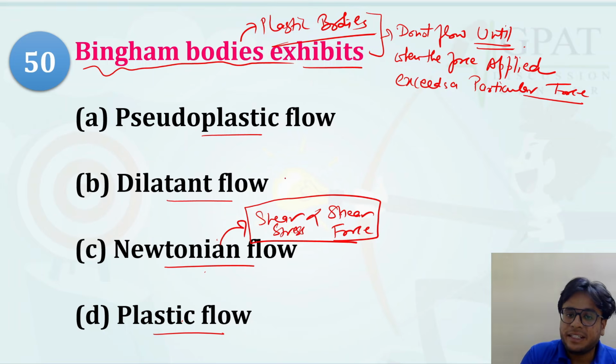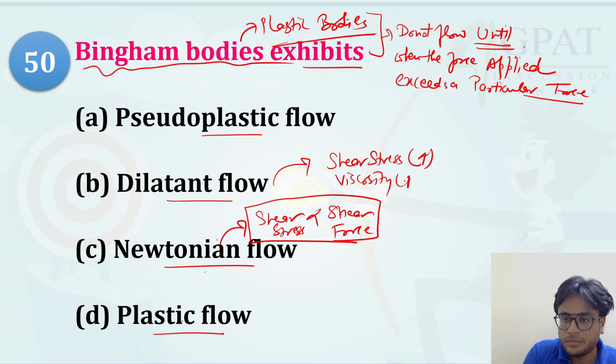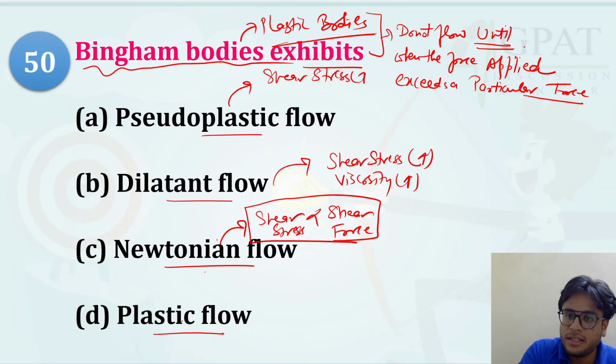But for the dilatant, if the shear stress increases, then the viscosity is also going to increase. And the reverse is true for pseudoplastic: if the shear stress is increased, then the viscosity is going to decrease.